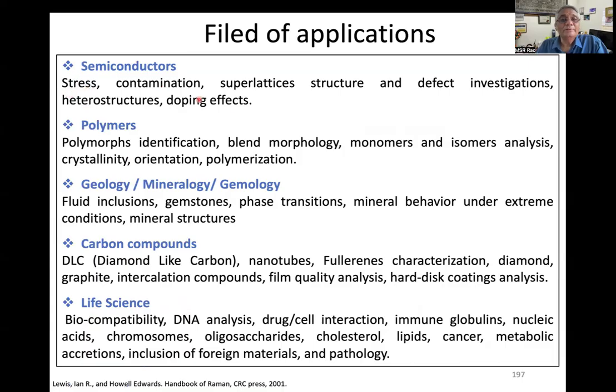So stress, contamination to analyze superlattice structures, defect investigations, heterostructures, doping effects, polymorphs identification, all that one does with polymers, monomers, isomer analysis, fluid inclusions in minerals, gemstones, the quality of gemstones, inclusions, impurities, phase transitions, finding out the mineral structures is very important.